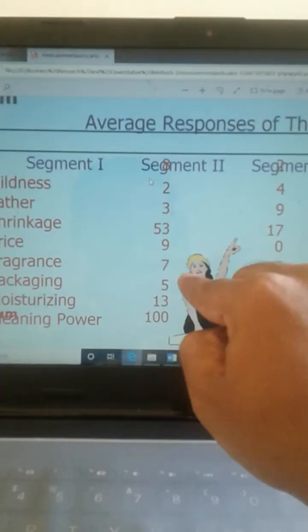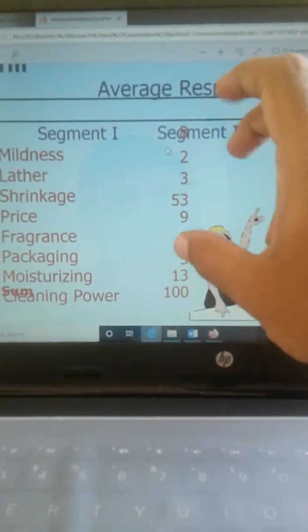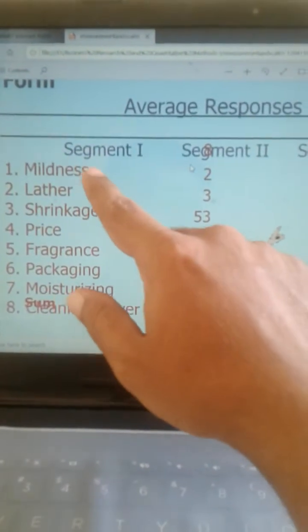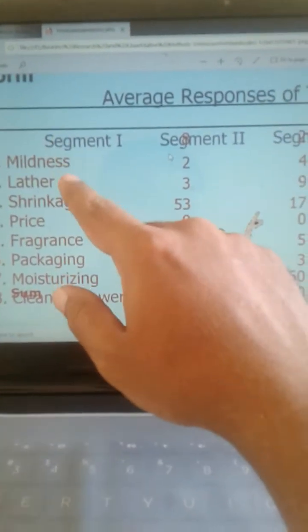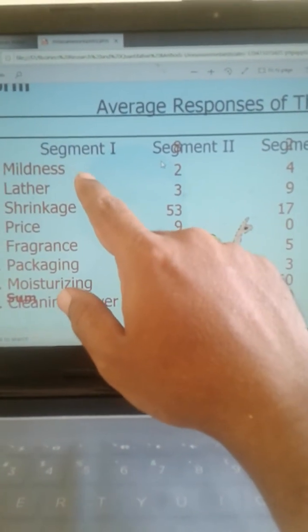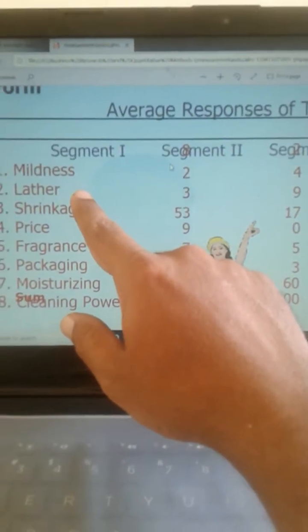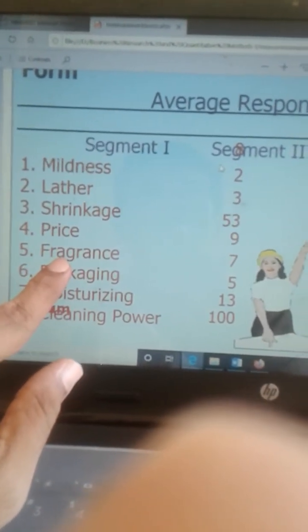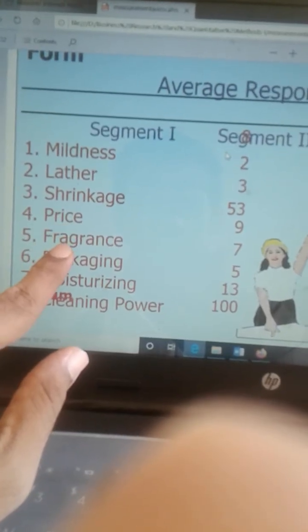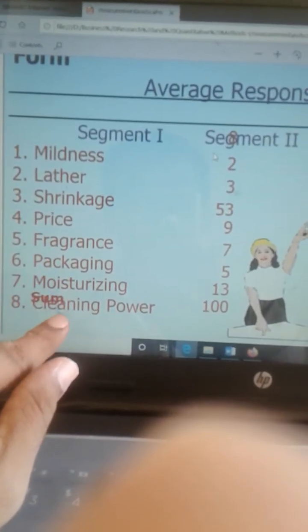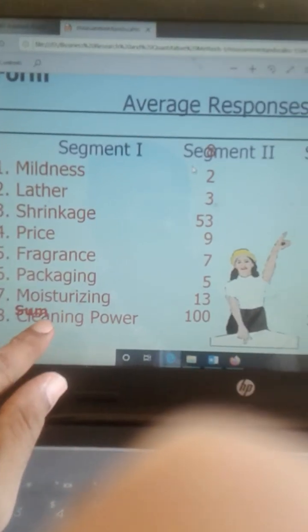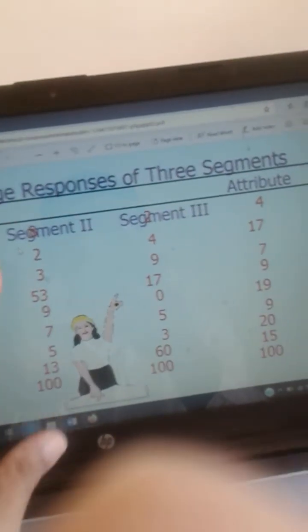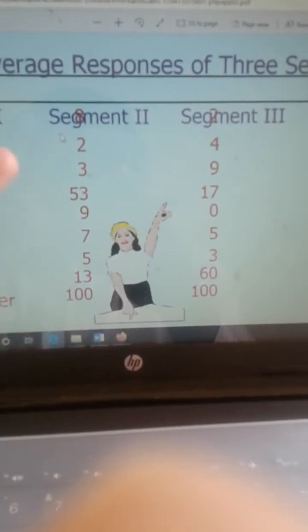Okay, now if you see product B, it is rated on all these characteristics: how mild this particular soap is, how much lather this product gives, how much it shrinks, what is the price of the product, or how much do you rate for the price, and fragrance, packaging, moisturizing, cleaning power. So on these factors the respondent has given the points.